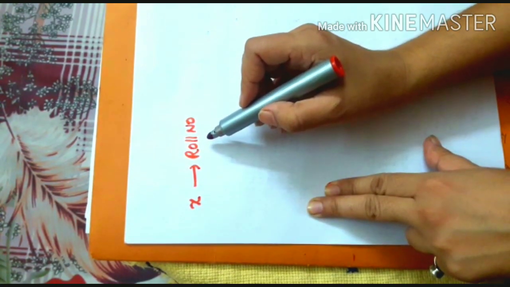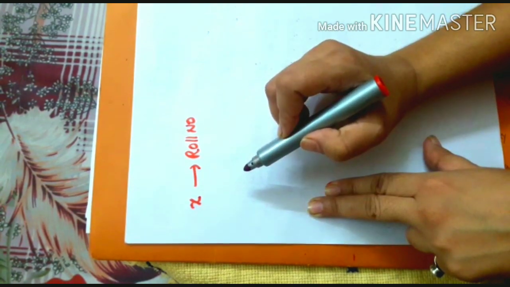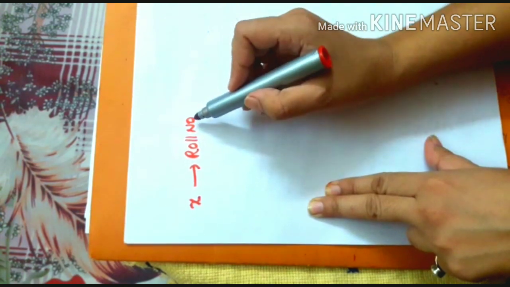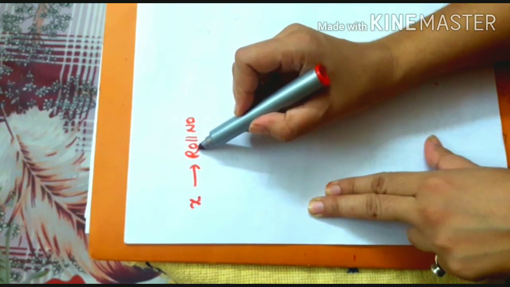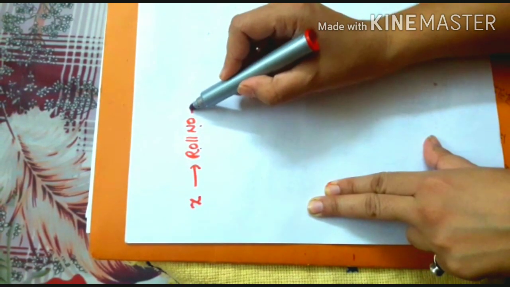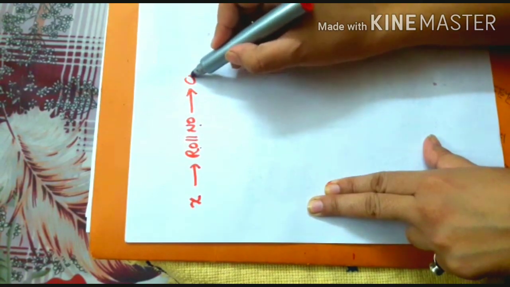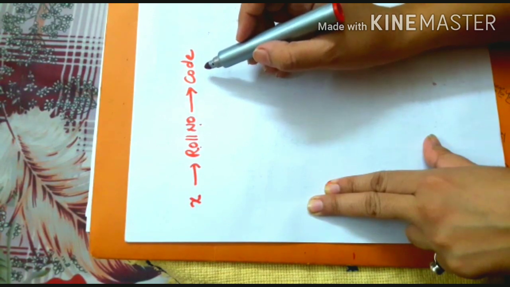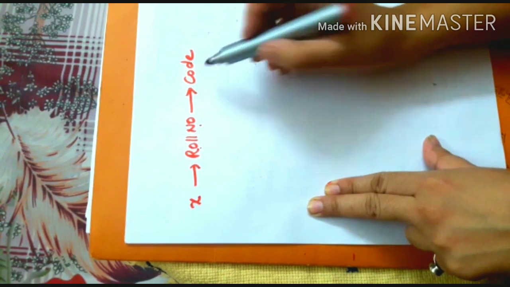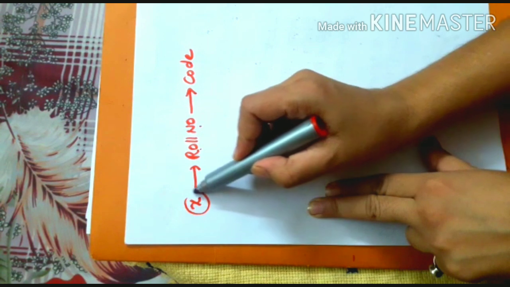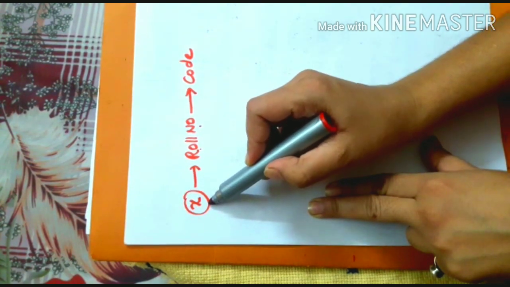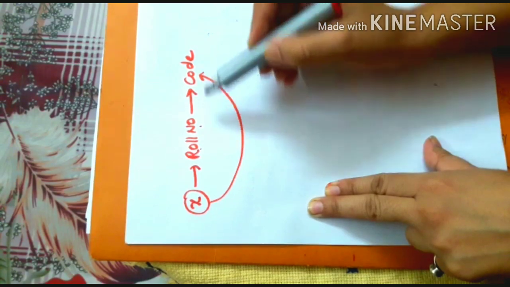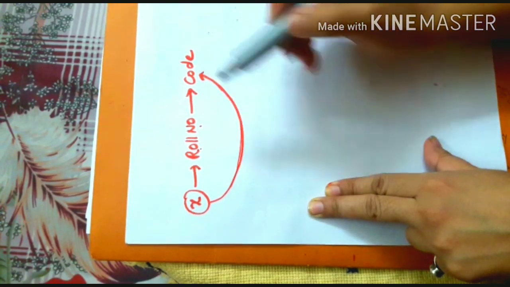Now while evaluating the answer sheet, to maintain confidentiality, to every roll number the board associates a code which we call the fictitious roll number. So that means to every student, the board has associated a code. So this is your composition function.